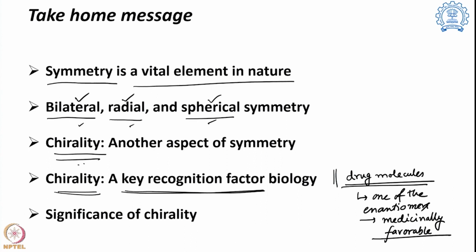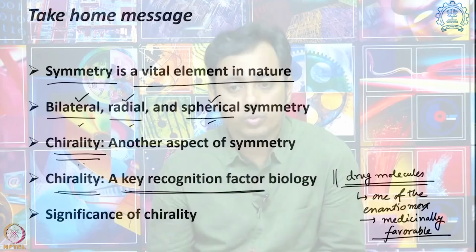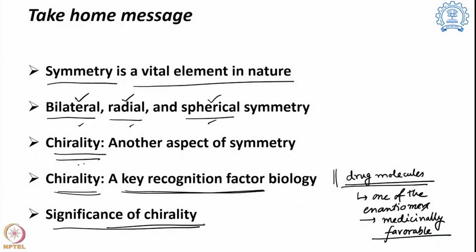So, that is why we have to know very well which particular enantiomer we are using, and for that we need to have some experiments and have to know the details of chirality, and that is why we need to know about chirality.